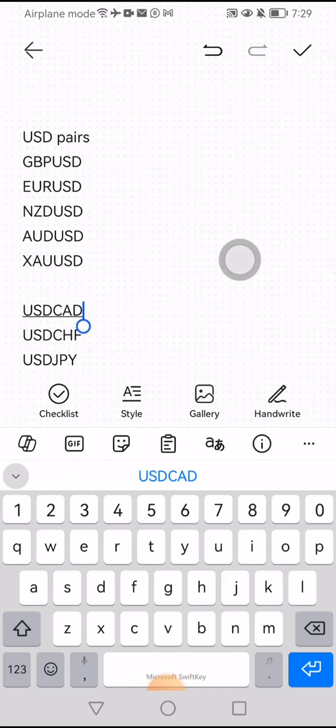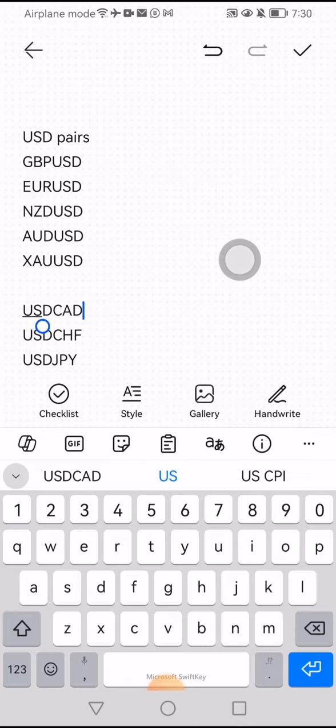But with USD CAD and USD CHF, the dollar is on the left as the base, and if the dollar is strong, price is going to buy. Am I making sense? It's just vice versa. So they are positively correlated, meaning they move the same way.